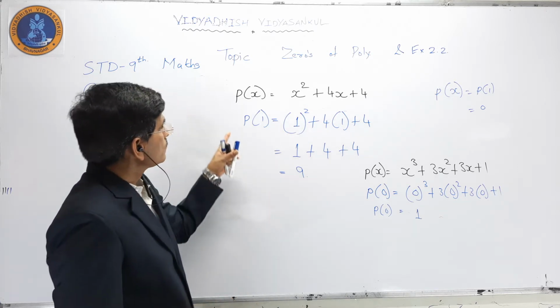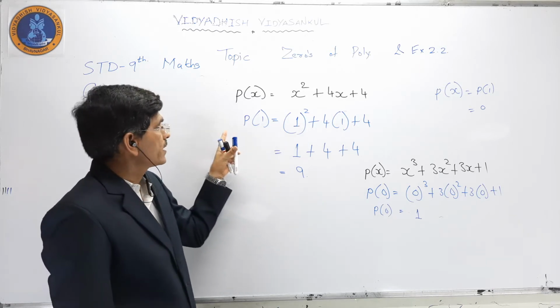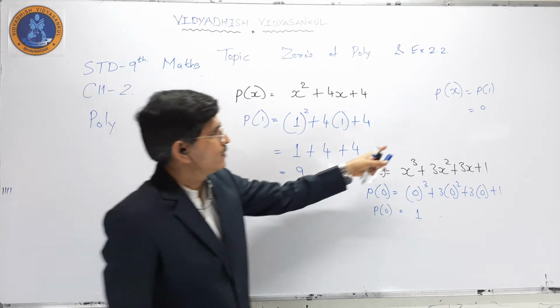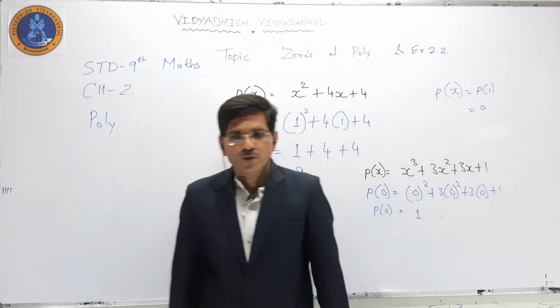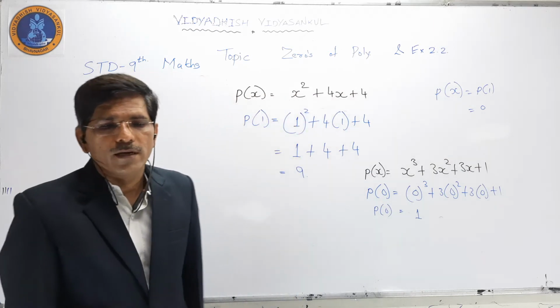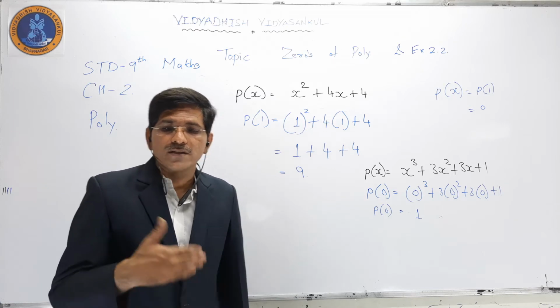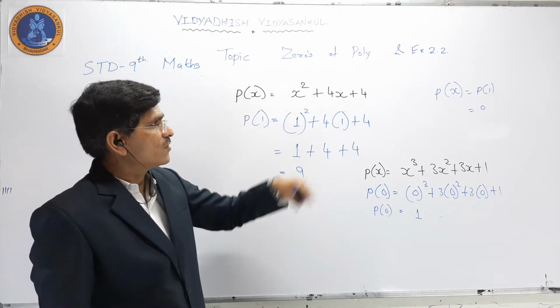Now, we have already discussed zeros: if we put a value and get p of x equal to 0, for example p of 1 equals 0, then we can say it is a zero of the polynomial. Now the next question is how to find the zeros of polynomial.